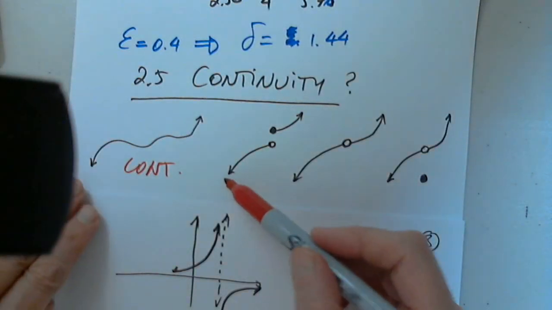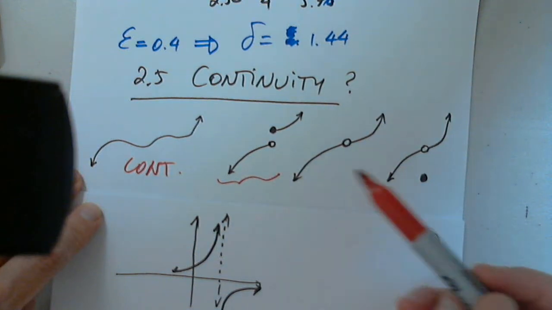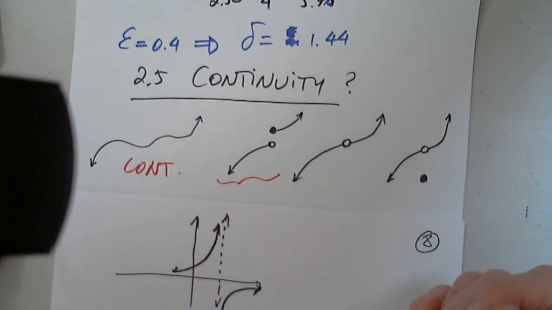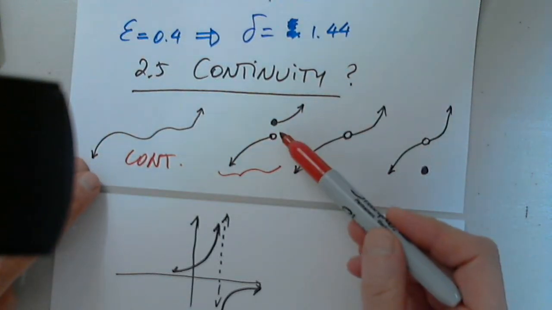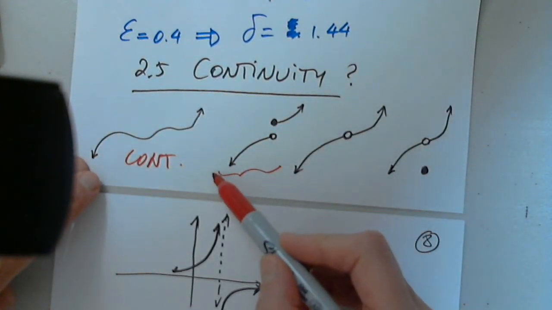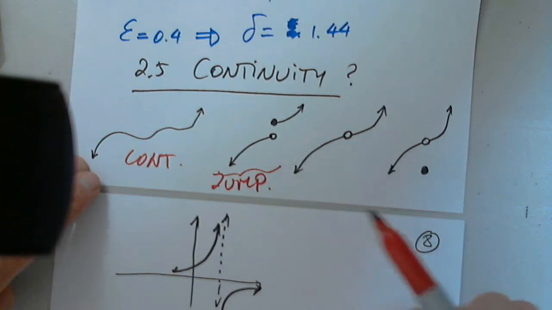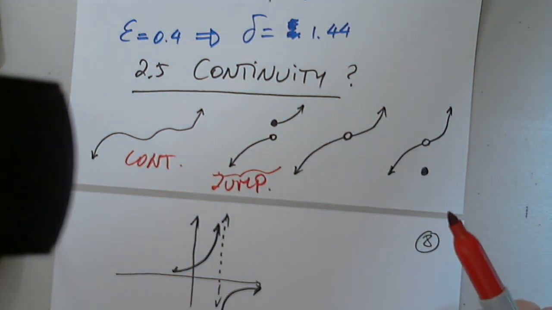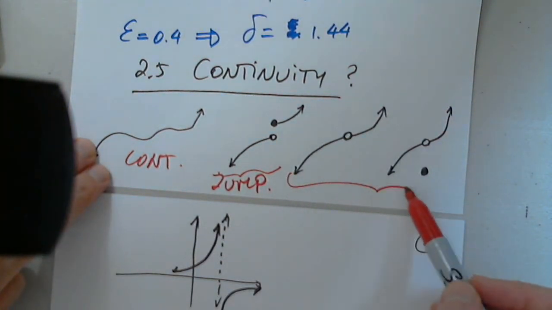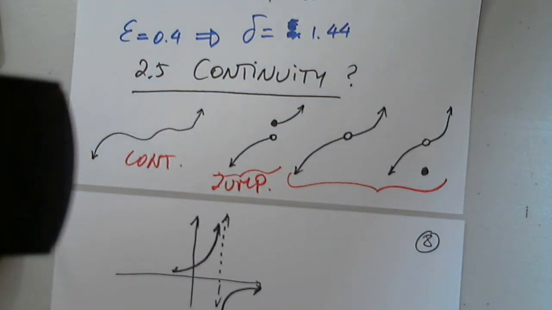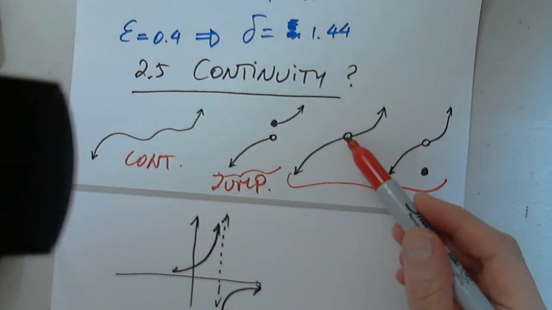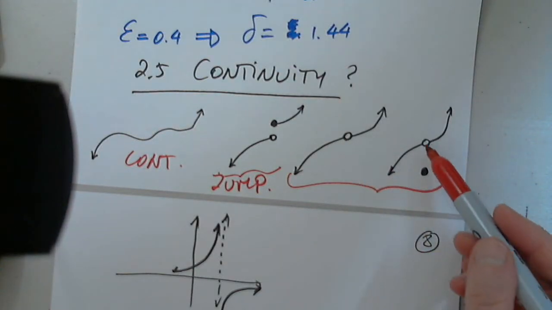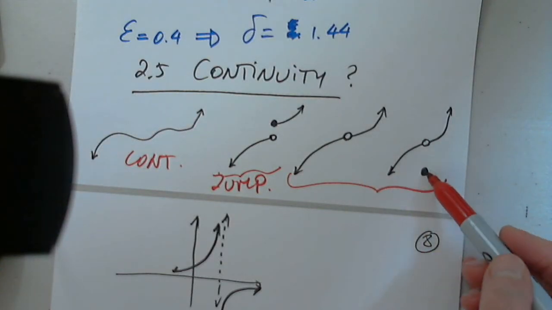What about this situation? Is this continuous? This has a jump discontinuity. What about this? Is this function, or are these functions, continuous? This one is not defined at this point, and this one is, but not here, somewhere else.